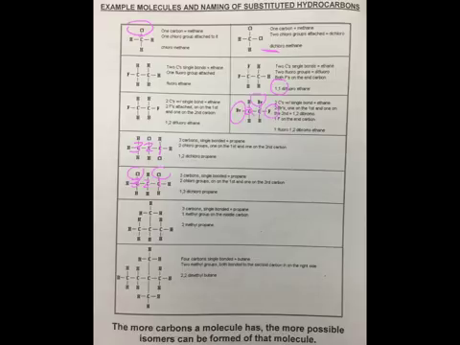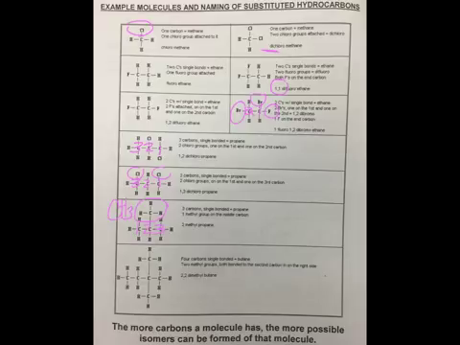And now in this last one, I've added an entire group. I've added a CH3, which is my methyl, and I added it to the second carbon. It doesn't matter whether I number it left to right or right to left. This is 2-methyl, and it's still propane because the parent chain is 3 carbons.